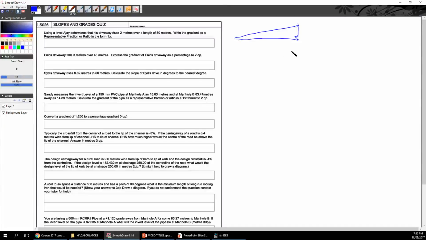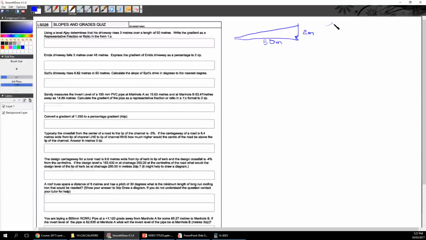The driveway rises 2 meters and is 50 meters long. When we talk about lengths or distances, unless we see something to the contrary, we're talking about horizontal distances.